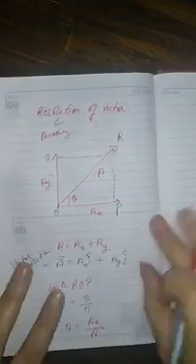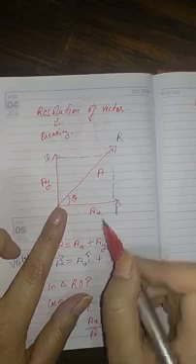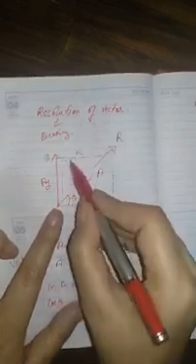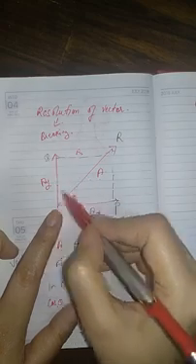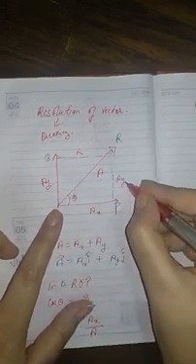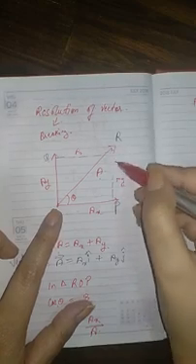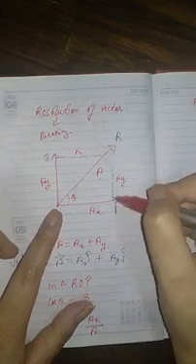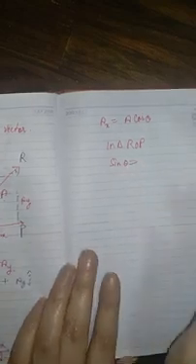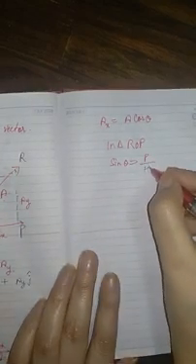Similarly, in this diagram, this side is ax. This looks like a parallelogram, so this side will also be ax. If this side is ay, this side will also be equal to ay. When you want to find ay, you can consider the perpendicular side. Again in triangle ROP, sin theta is perpendicular divided by hypotenuse.